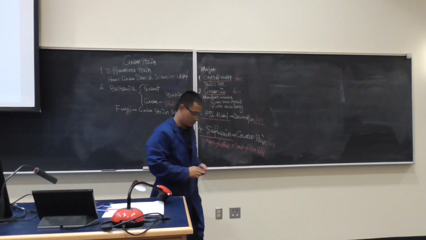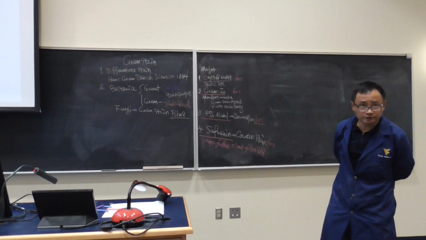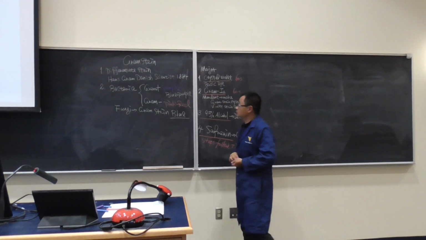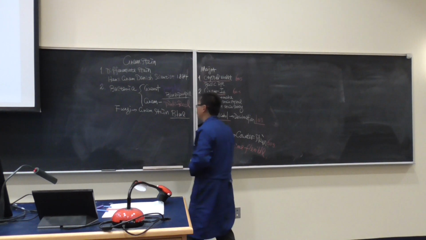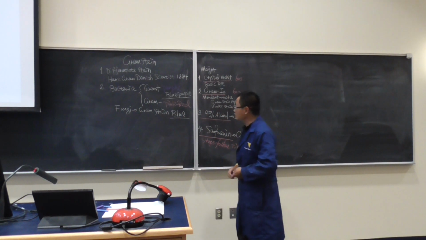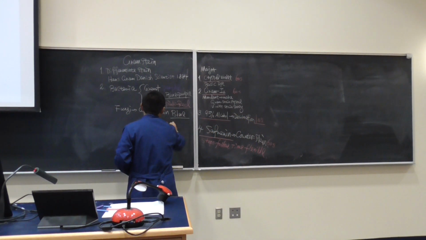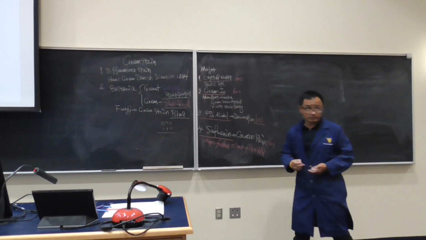Okay, next question. It always will ask you, even if you took biology class, why does gram positive stain blue to purple, and why does gram negative stain pink to red? Why is it? So we're going to explain that.